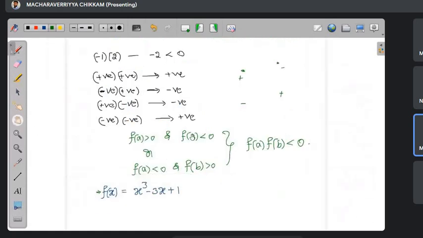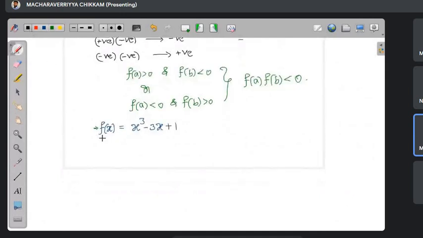So this is the function we have taken. Now I would like to find the interval where the root lies. For that, first I'll see what f of 0 is. f of 0 is nothing but 1, so this is positive.